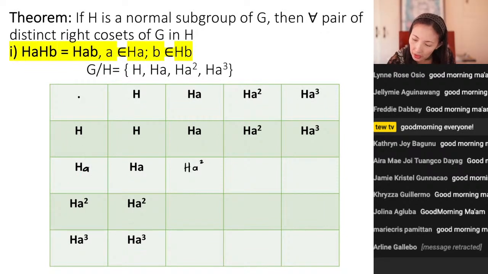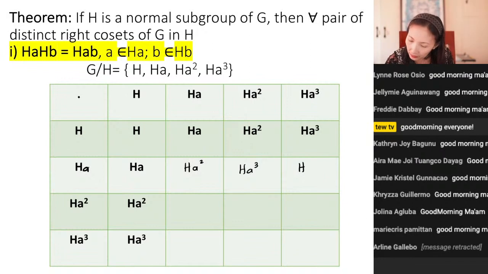HA times HA squared will be HA cubed. Okay, next, HA times HA cubed will be H, it goes back, because we only go up to A cubed. So it goes back to H. Sorry, why was that HA? It is just H, because that would be A to the fourth.